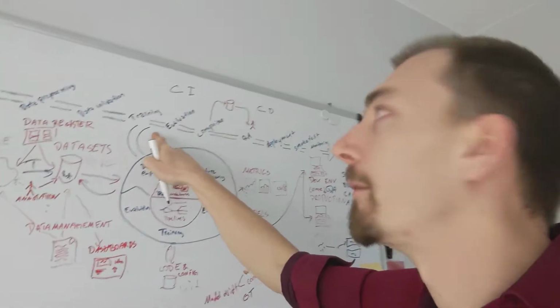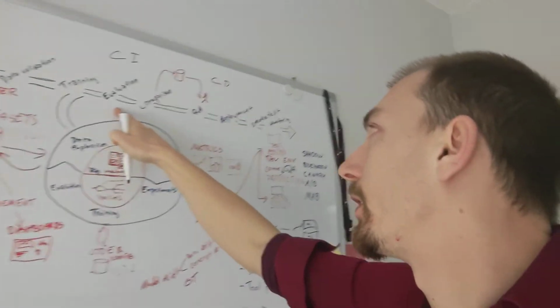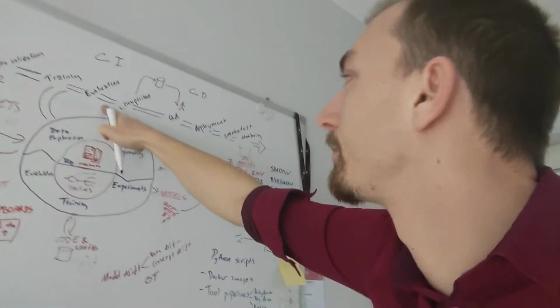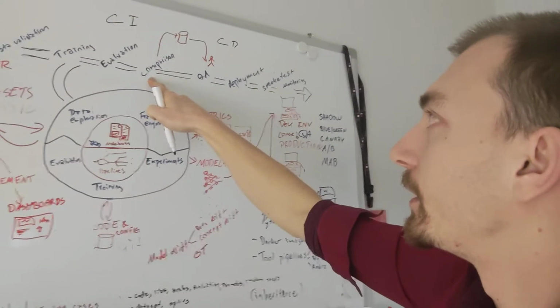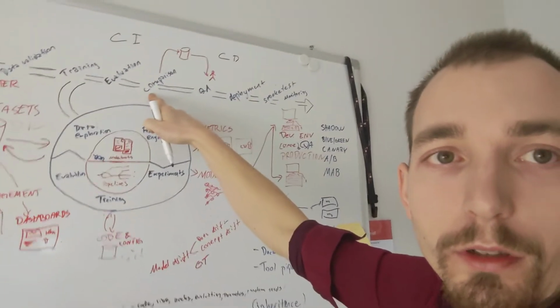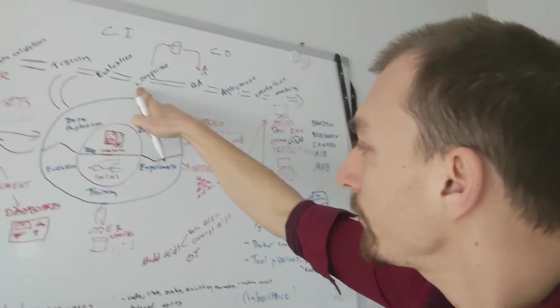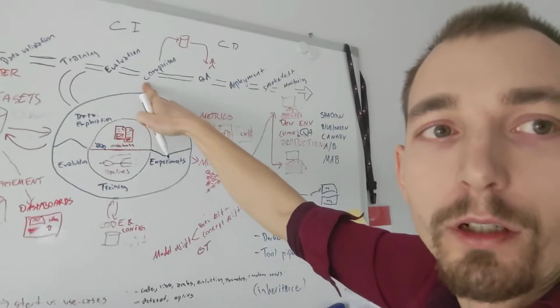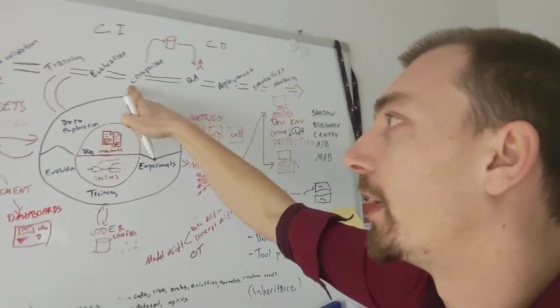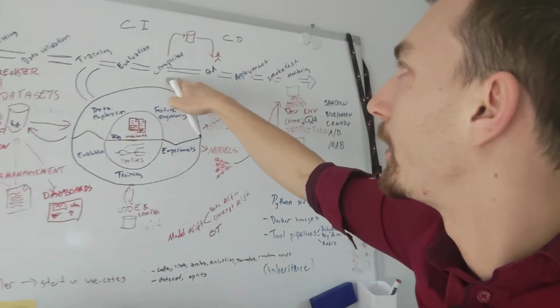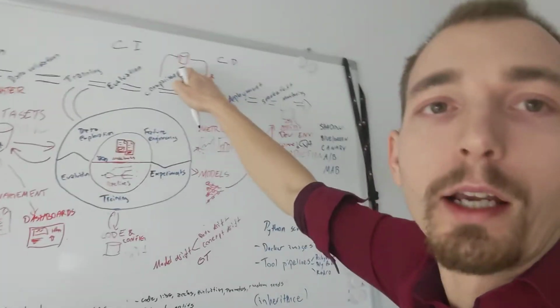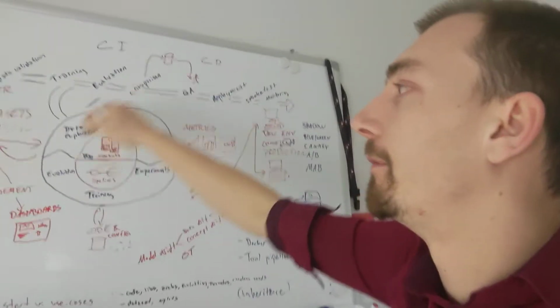Then we do the training, and the evaluation and validation of the model. And then what we could do is compare the new model to the old model and see what kind of data points are actually creating a different result between the models. These data points could be uploaded to a data set.